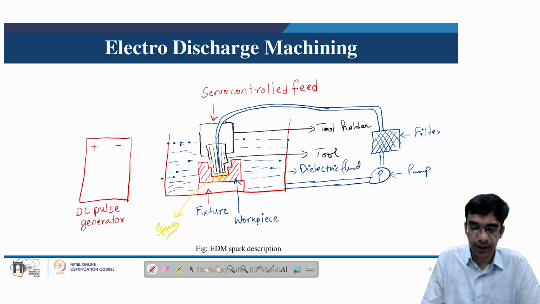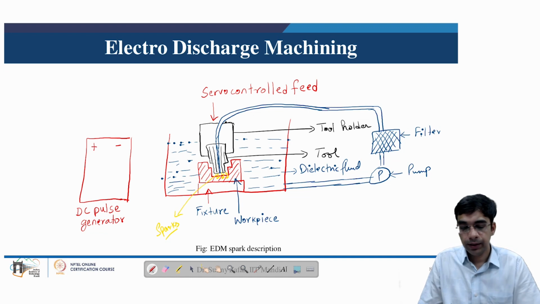So we can see that dielectric fluid is always there to submerge the tool and workpiece. And the servo control feed will ensure that the constant gap between the tool and workpiece is maintained.